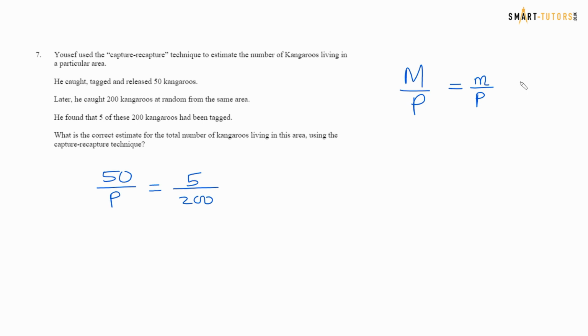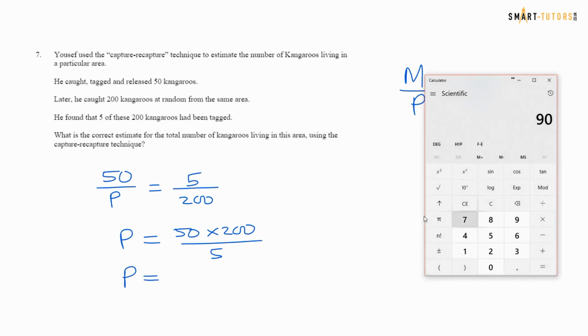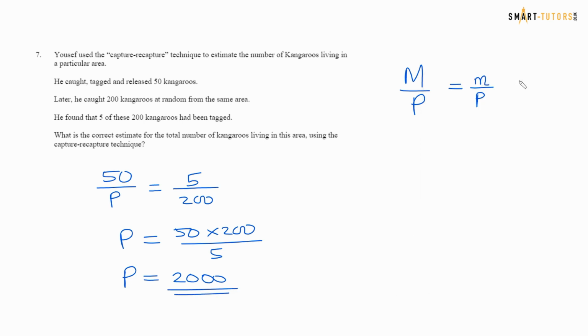So what is the correct estimate of the total number? So P equals 50 times 200 over 5. So 50 times 200 divided by 5 is 2000. So 2000 is the total number of kangaroos in the population.